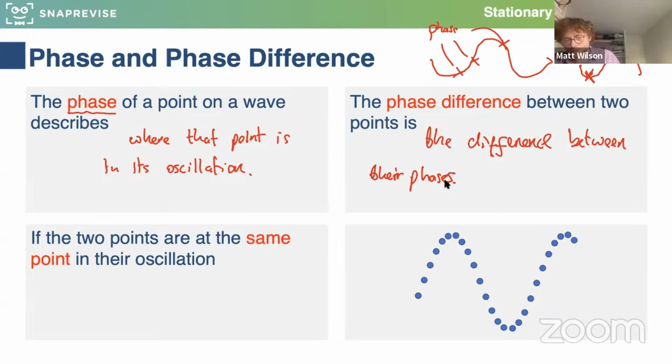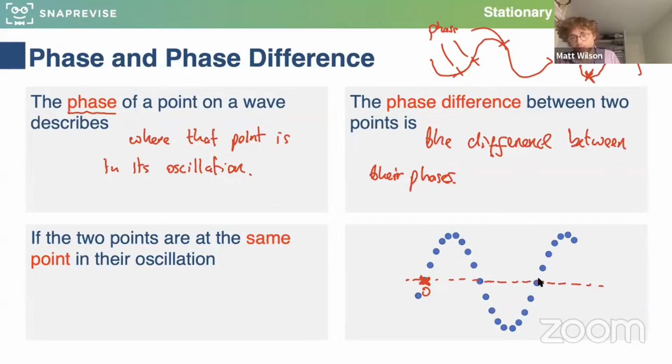Okay, so let's actually do something super explicit now because I haven't given any numbers to anything yet. So typically, we will say that the point at which an object is just about to begin its oscillation, that's a phase of 0.